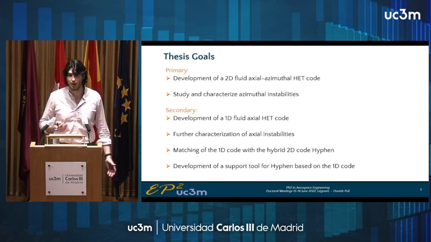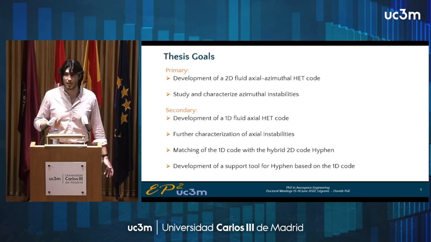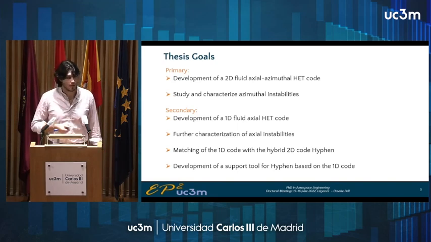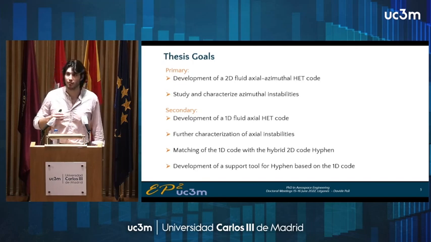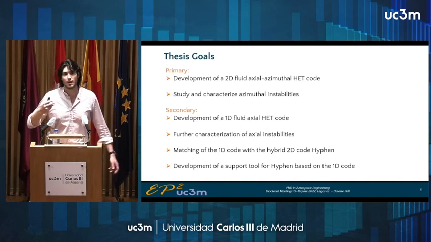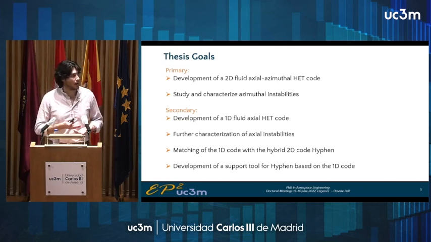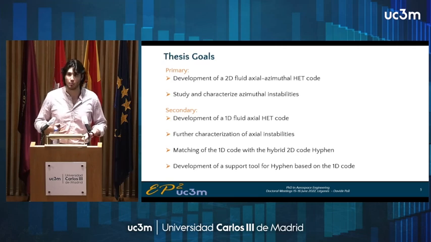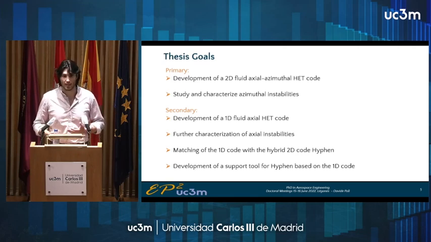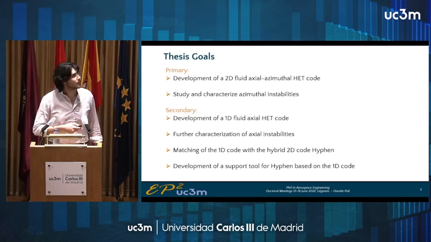It takes roughly minutes, maybe less, with respect to tens of hours of a HYPHEN simulation, in order to provide HYPHEN with anomalous transport profiles, which are tailored on experimental measurements, so that in the end we would have a tool that can help HYPHEN speed up the process of matching and simulating experimental thrusters.